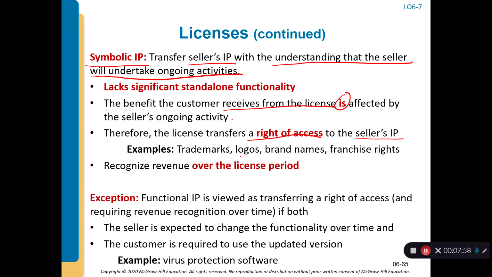So, for example, logos and brand names, because once you pay to use a brand name, the brand itself can change, right? Sometimes you thought this was a good brand, such as an expensive handbag, but the brand is not doing well, like Coach, right?